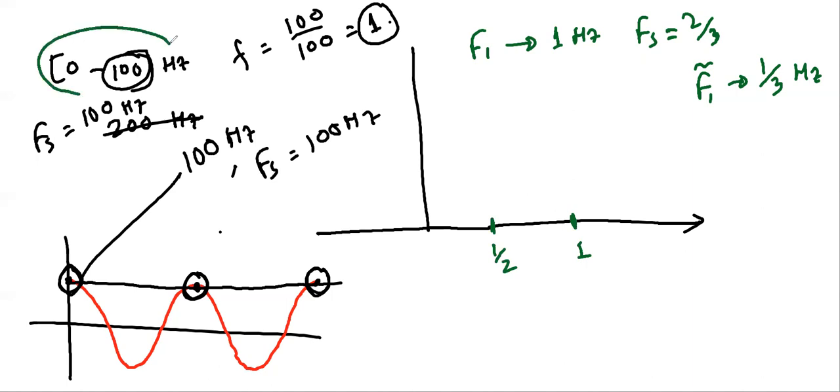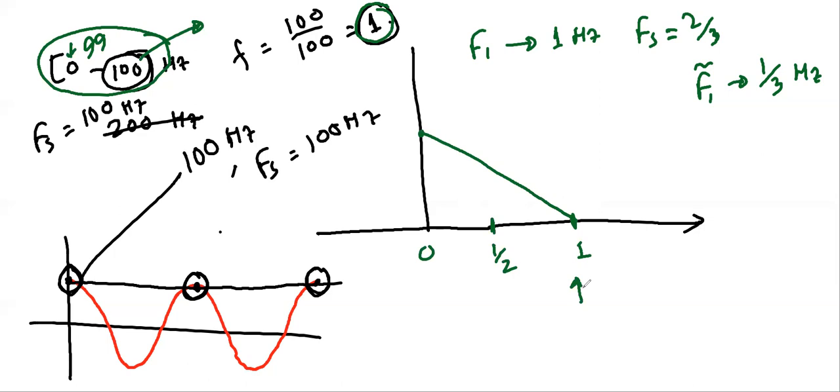Our original sequence is 0 to 100, so the highest frequency is converted as 1. If that is 99, of course that is less than 1. If that is 98, that is a little less than 1. If that is 0, of course this will start with 0. So the spectrum starts with 0 and it will extend up to 1.